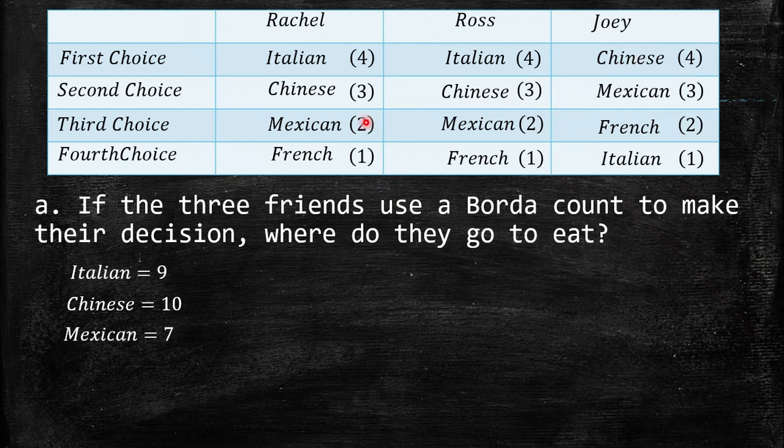Mexican: 2, 2, and 3. French: 1, 1, and 2. Naturally, the most preferable restaurant with the Borda count is Chinese because it has 10 points.